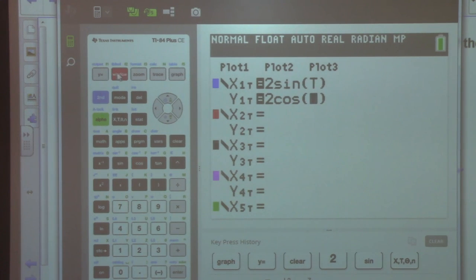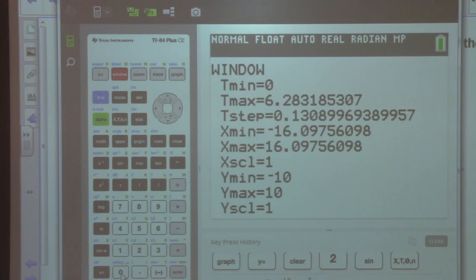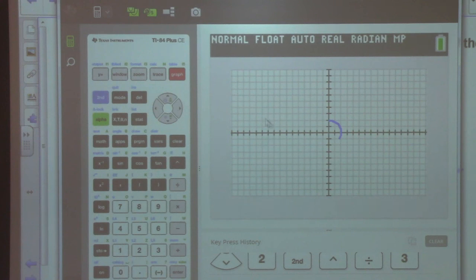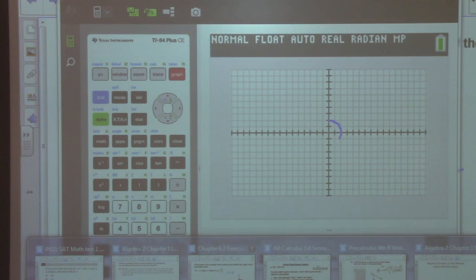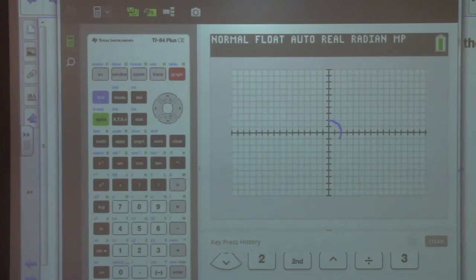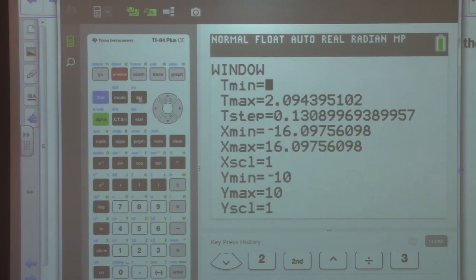And then in the window, we go from 0 to 2 pi over 3. No, not 2 pi over 3. Yeah, 2 pi over 3, that is right. So we graph, this is what we get, except that's not right. What did I do wrong? 3 pi over 2. So anyway, turn in everything you have. 3 pi over 2. So that's what we get.